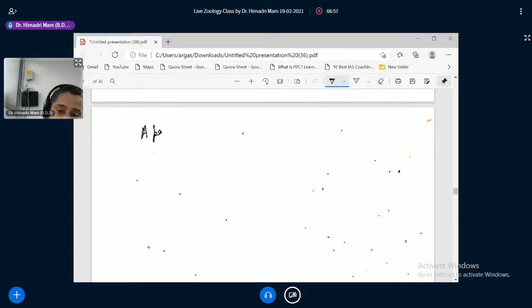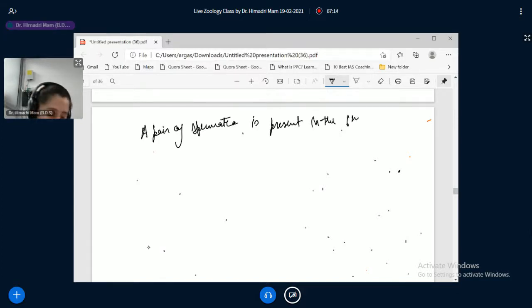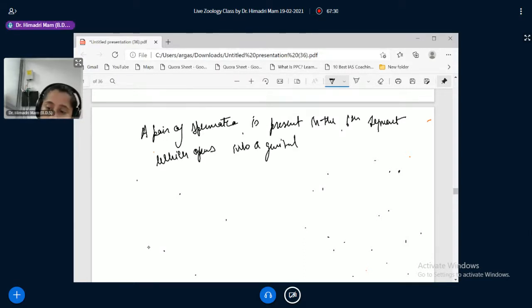A pair of spermatheca is present in the sixth segment, which opens into a genital chamber.